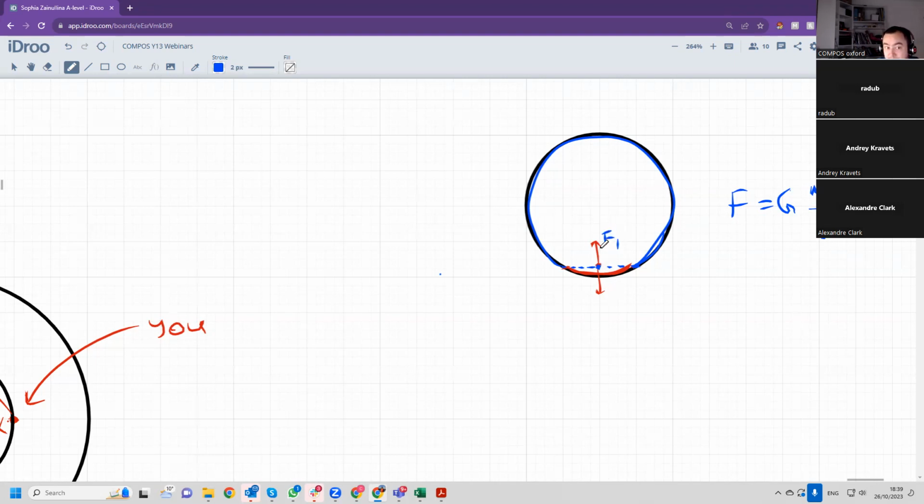So F1, pulling you up, and F2, pulling you down, balance. And this is the same in all directions. In any direction that you take, the forces are balanced. In other words, inside a shell of uniform density, there's no gravitational field. Does that make more sense, Samadrito?